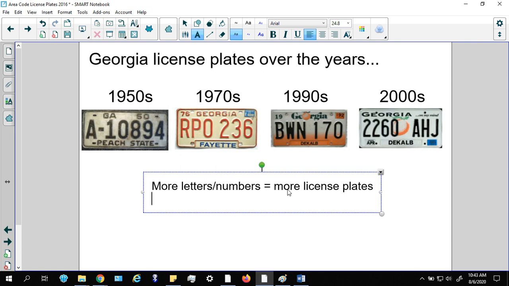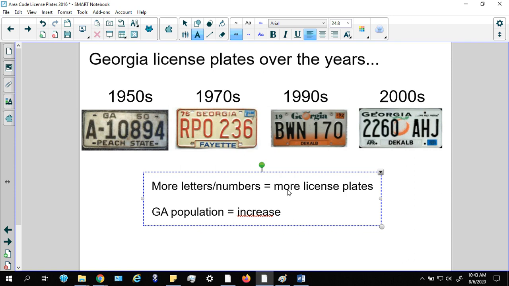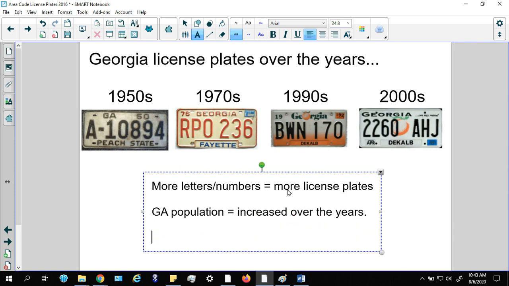Well, the problem is the Georgia population has increased over the years. Now, I'm totally making this up, so please don't think that I researched this, but let's say in 1950, the population of Georgia was 1 million.